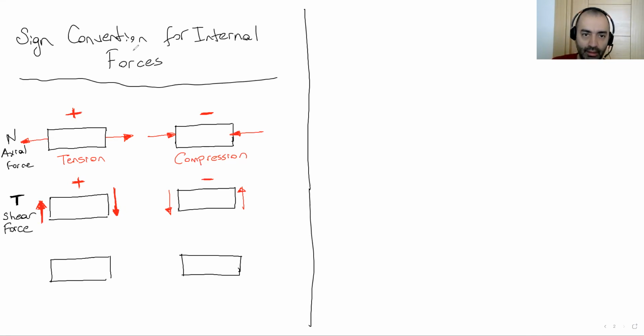And the last one is bending moment, M. Here again, this part is positive and this part is negative.